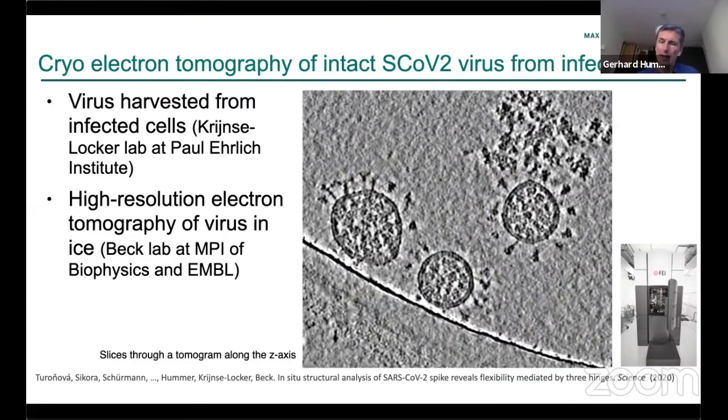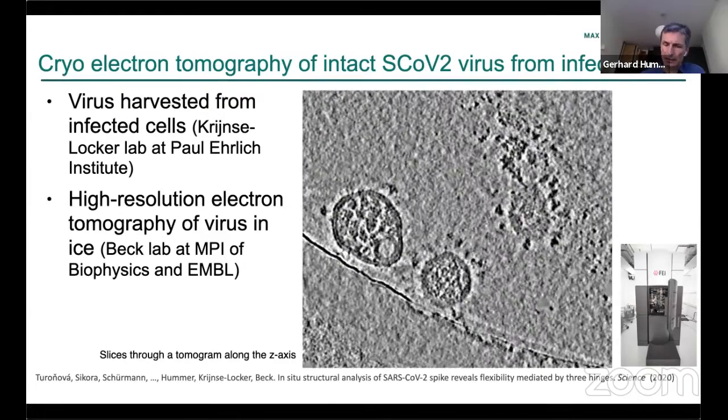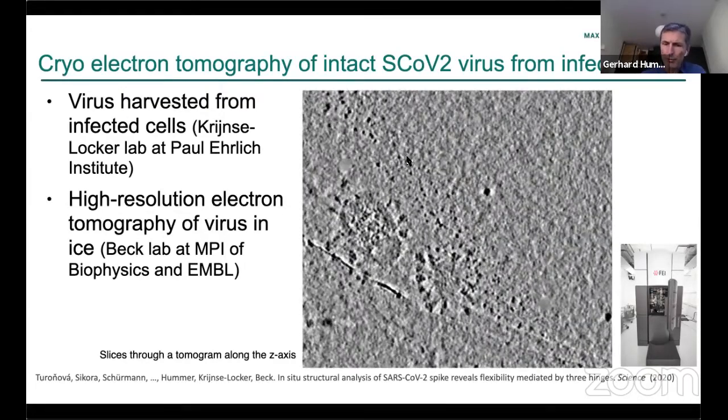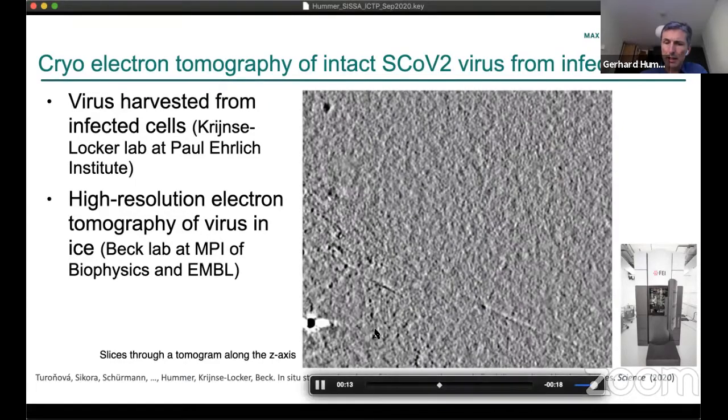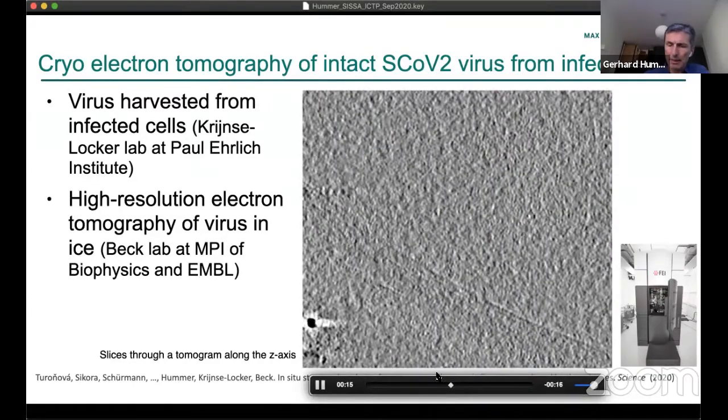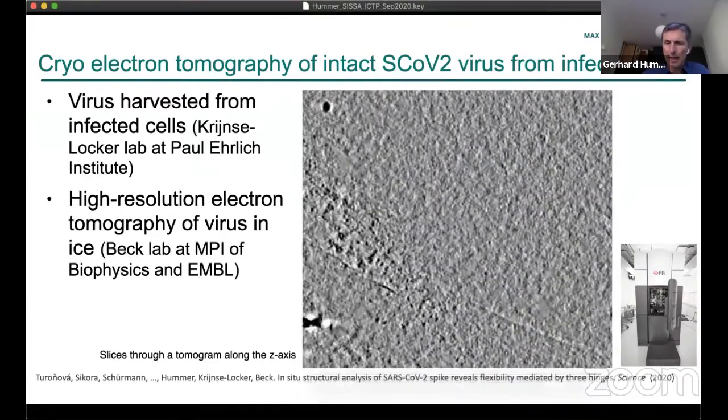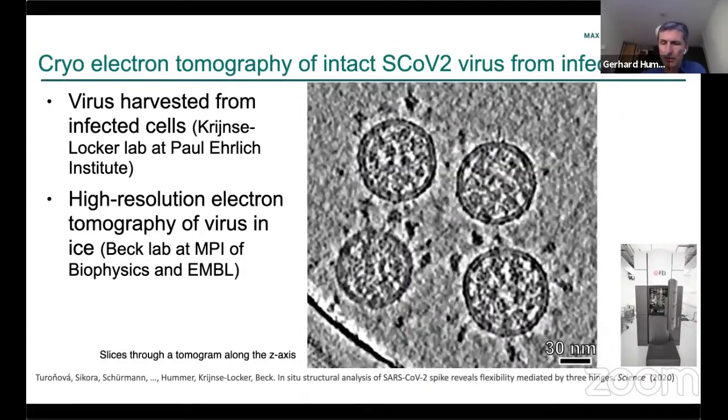You can see here a cut through the 3D volume of this EM tomography data set, where you could maybe see the viral particles as they appear. And here you see a cut illustrating them. The black dots on the surface are these spike proteins, and they were beautifully resolved in this data set.